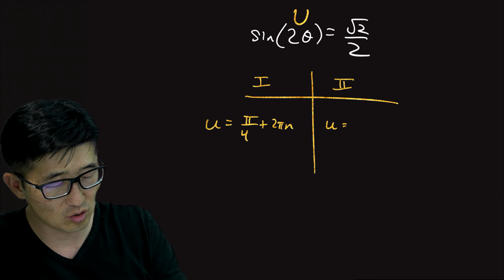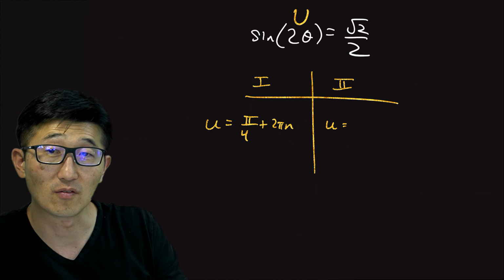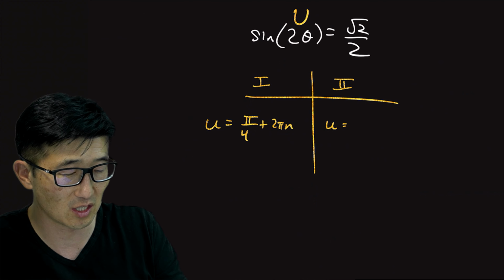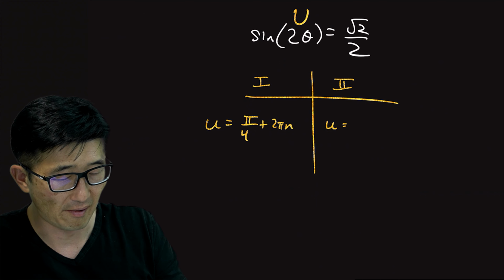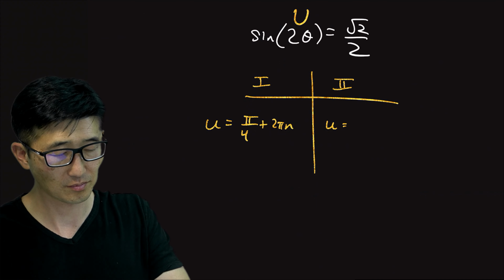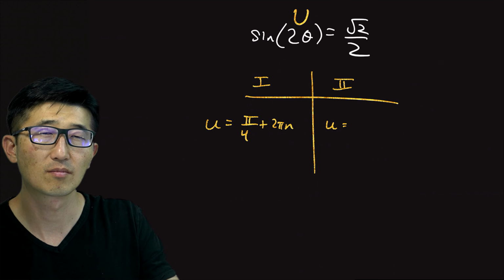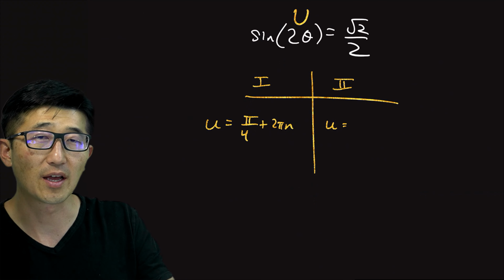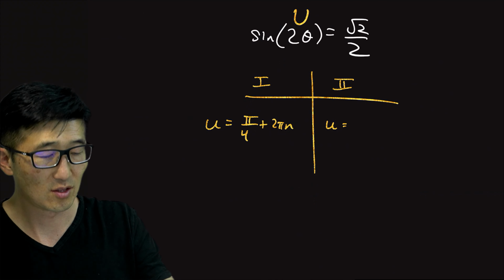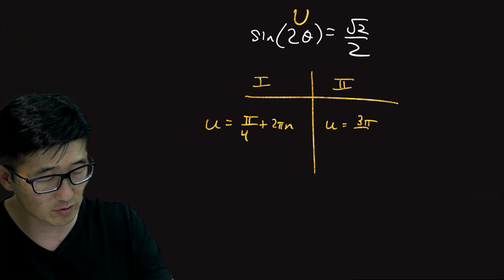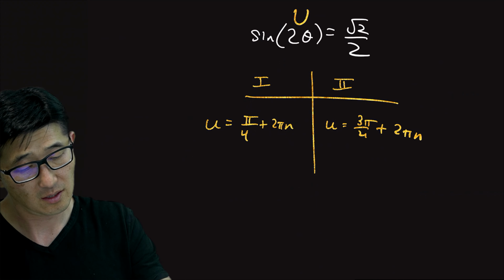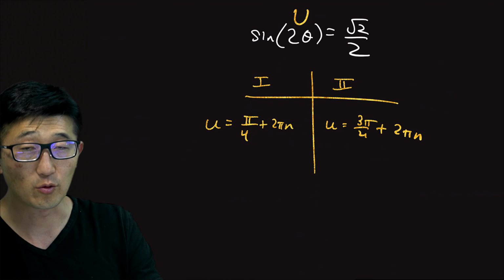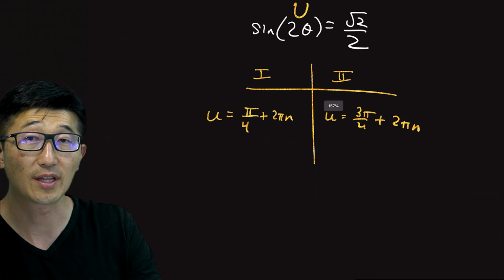And in quadrant 2, it'll be u equals what? If the reference angle is pi over 4, it has to go to 2, so it's 1/4, 2/4, and 3/4. So 3 pi over 4 plus 2 pi n. And then replace the u back with 2 theta.